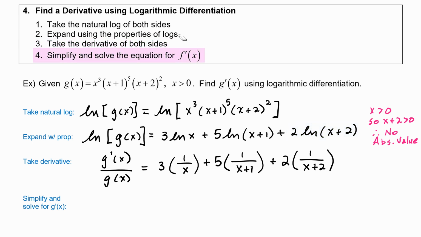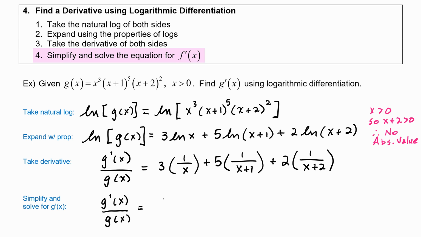Now, step 4 in the process of logarithmic differentiation says to simplify and solve the equation for f prime of x. In our case, we will be solving for g prime of x. But first, we're going to need to do some simplification. So we'll leave the left-hand side alone. We have g prime of x over g of x.